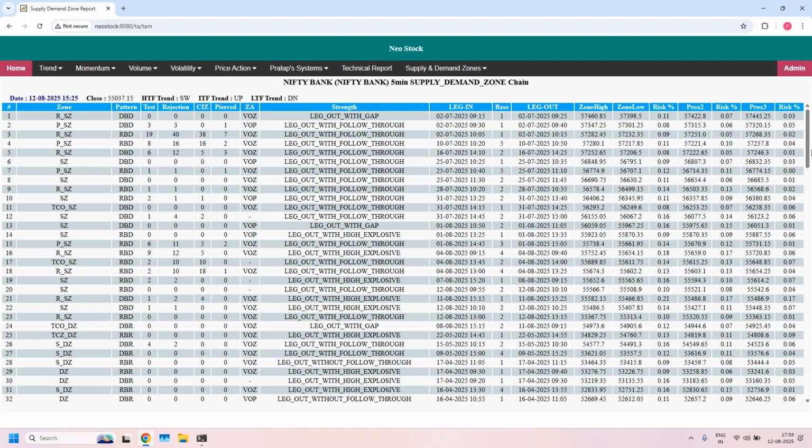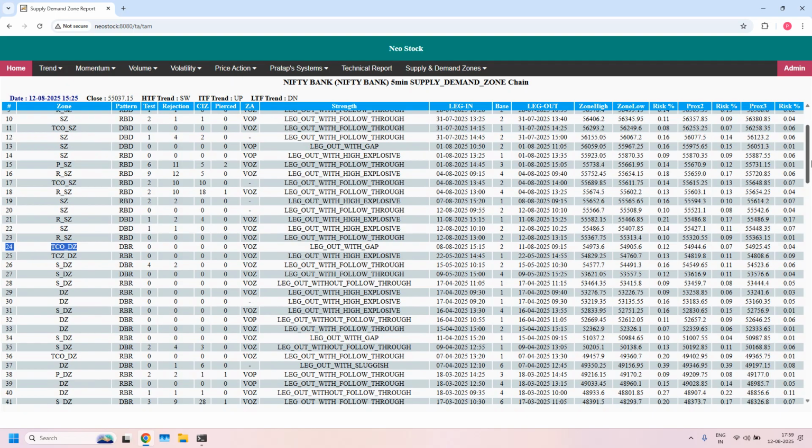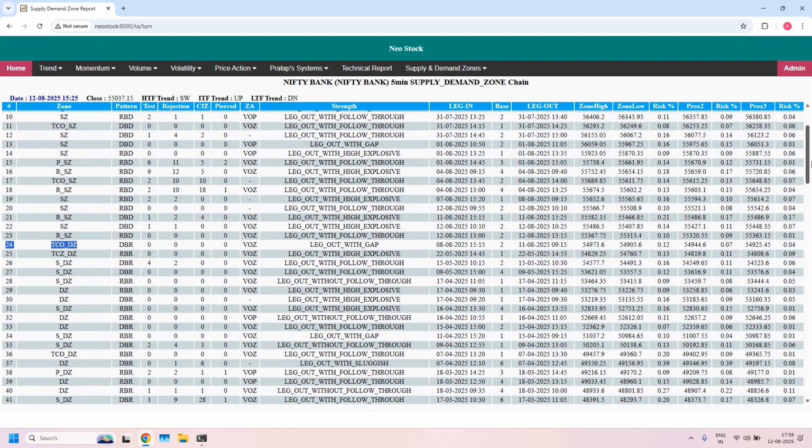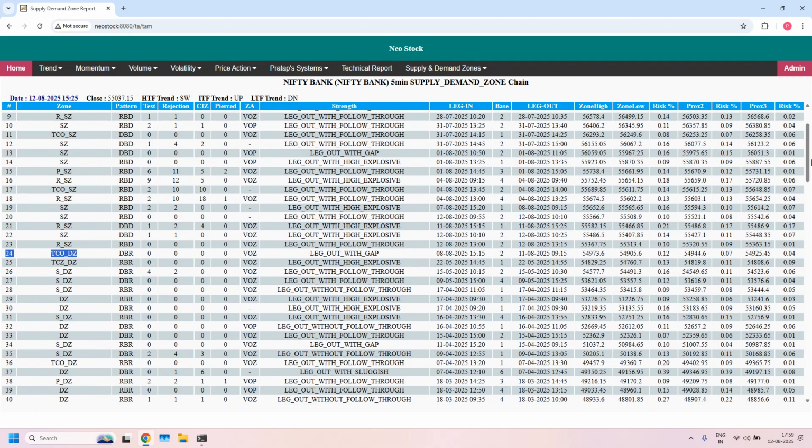Let me adjust in the middle of the page, serial number 24. Okay. So this is about the Bank Nifty supply demand zone chain. So we have completed the generation of both Nifty and Bank Nifty supply demand zone chain reports.